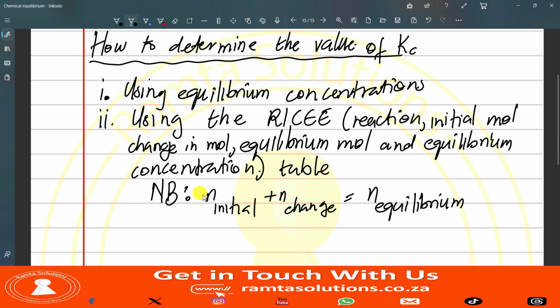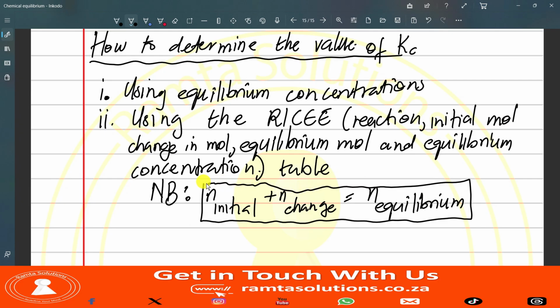So highlight this, it's very key. You will use this equation quite a lot. It's not really a standard equation, but just use it so it's easier for you to calculate your amount when you use the RICEE table.